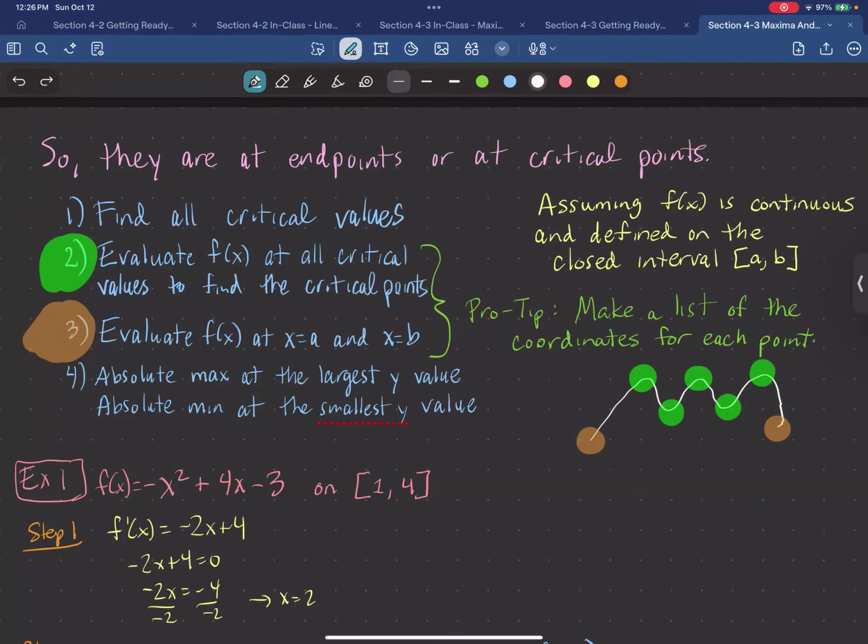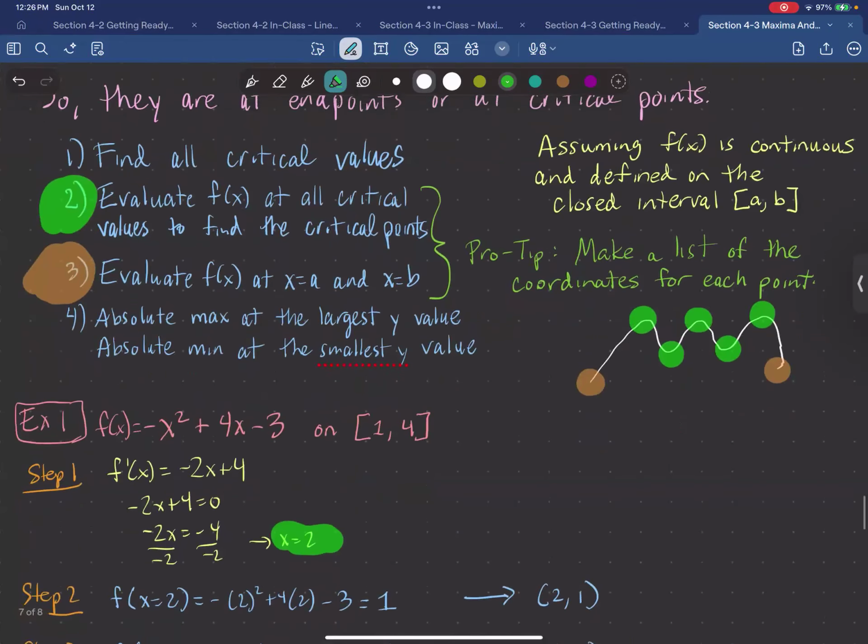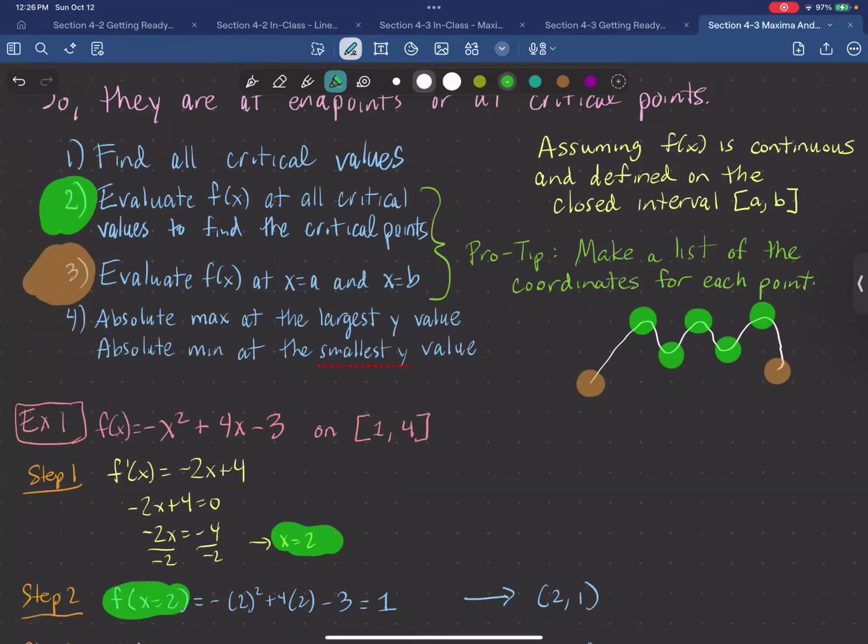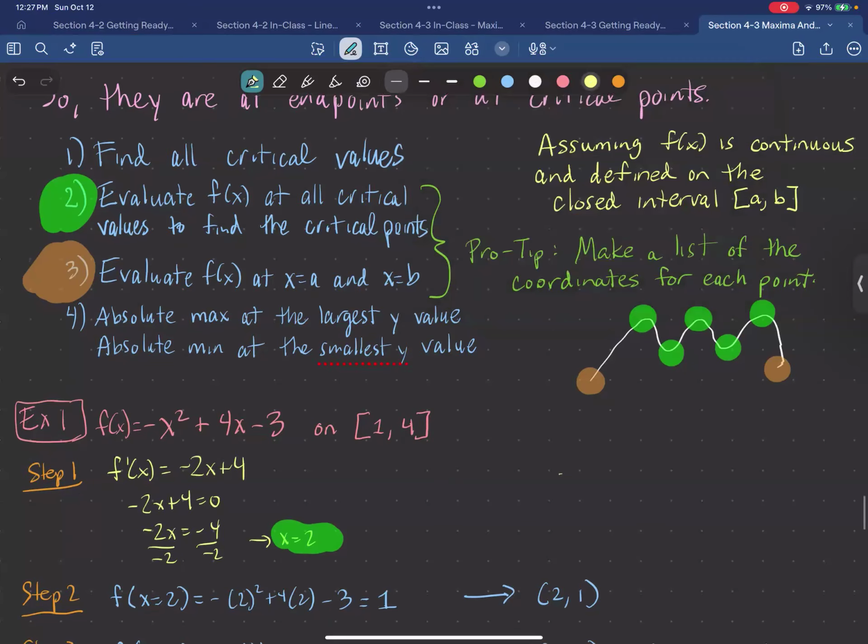Next, we want to evaluate f of x at all critical values. Critical value right there. So step 2, we plug in 2 into our function. Into that bad boy. Make sure, this is really important, students do this all the time and it's wrong. Negative x squared is negative of x squared, not negative x, squared.